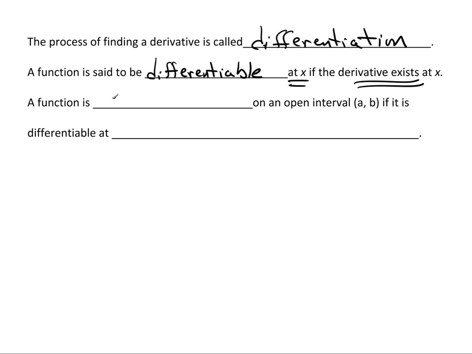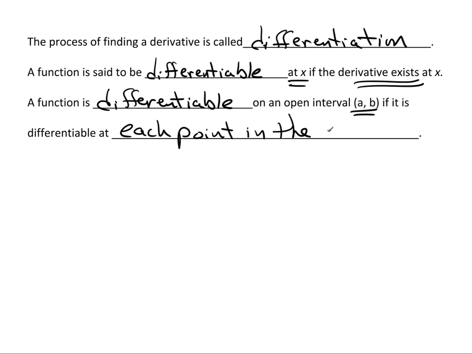Now, a function is said to be differentiable on an open interval (a, b) if it is differentiable at each point in the interval. Now, we would not obviously check every point. That's impossible because I don't care what a and b are.